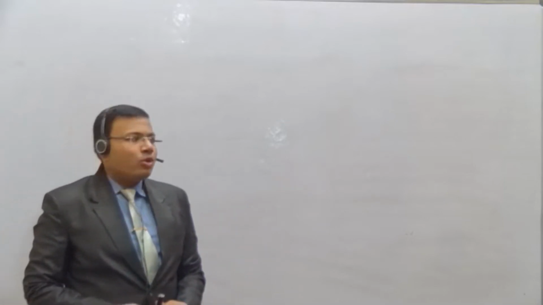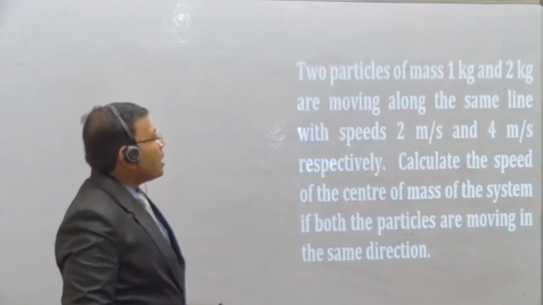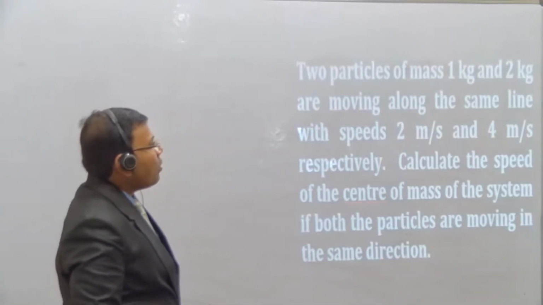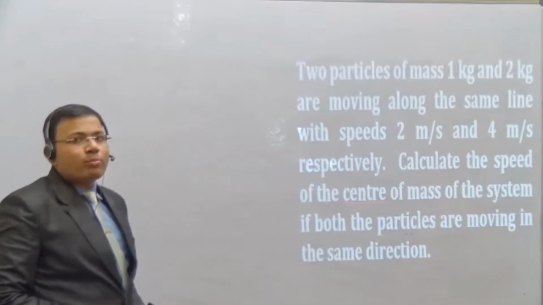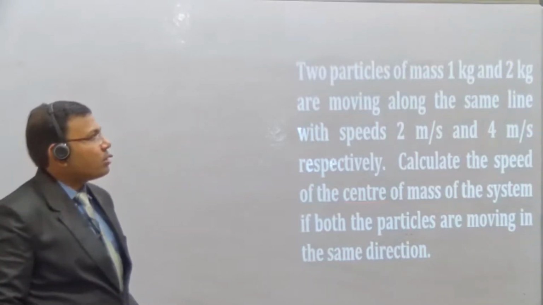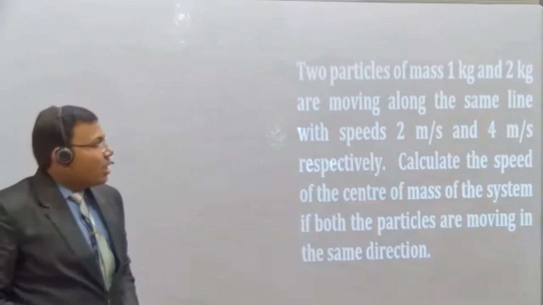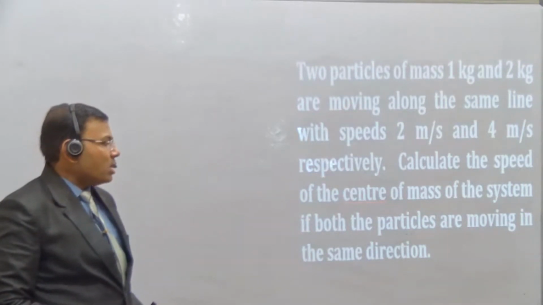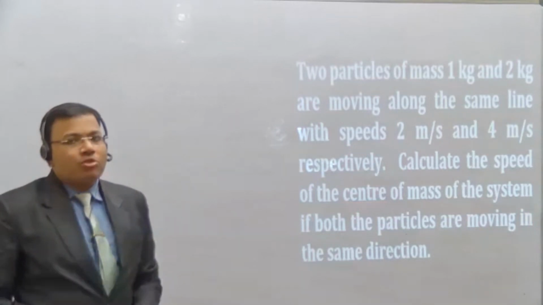Students, we move to a question which is based on the velocity of the center of mass. The question on the board is here. Two particles of mass 1 kg and 2 kg are moving along the same line with speeds 2 meter per second and 4 meter per second respectively. Calculate the speed of the center of mass of the system if both the particles are moving in the same direction.